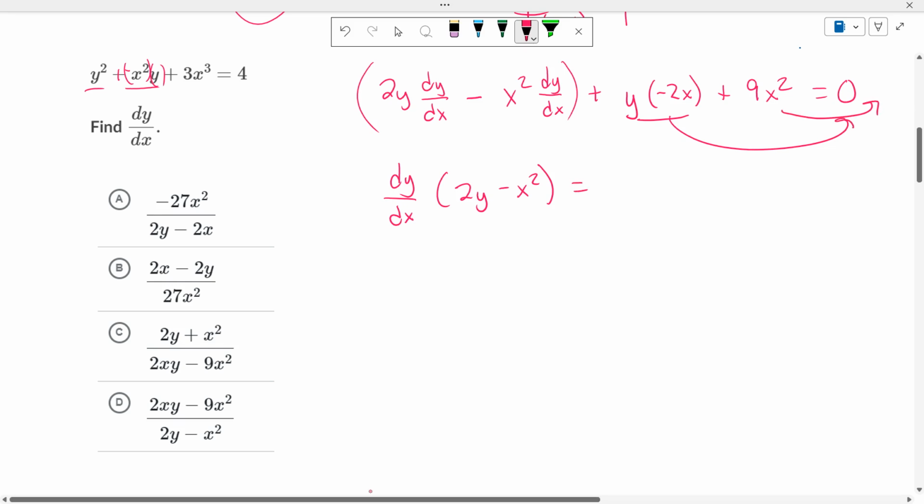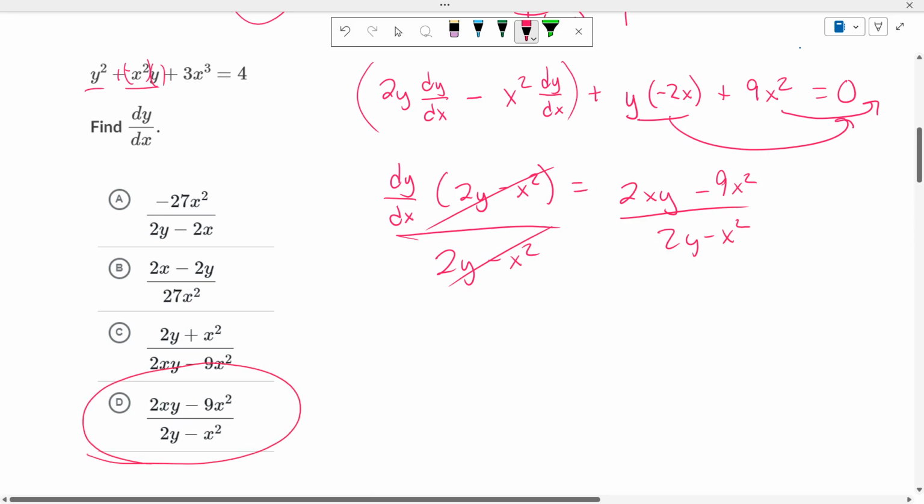So what are they going to end up as? Well, a negative 2xy moved to the other side is 2xy minus 9x squared. Now we'll divide by 2y minus x squared. So is that over there? It's right here.